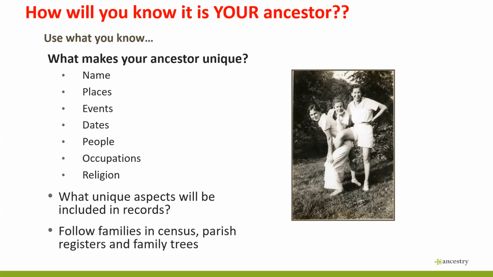So in the documents like censuses and church registers and birth, marriage, and deaths and family trees. And I guess we all like to say, sometimes you have to follow the other name that's got the same name, the other family, and kill them off and see whether one dies, and see whether they ended up in a different place, and so on. So you have to follow them through.